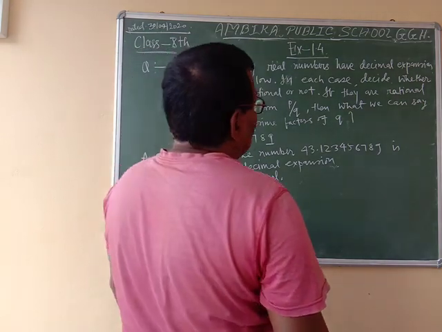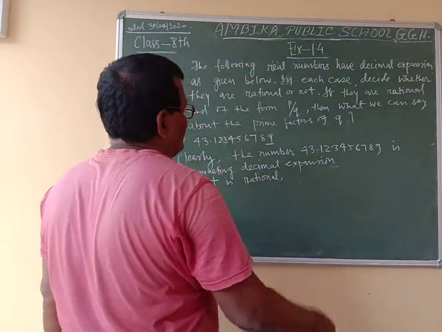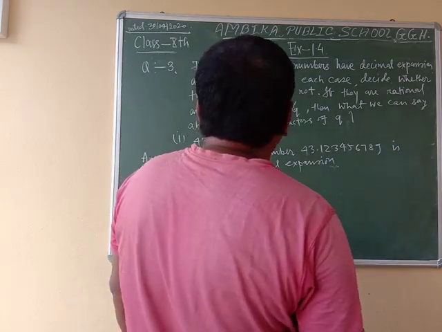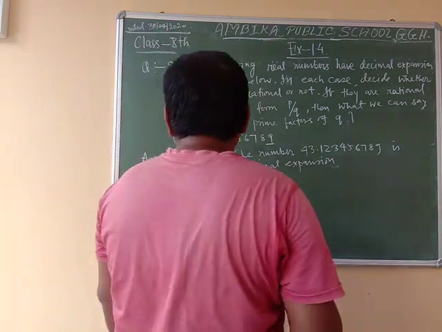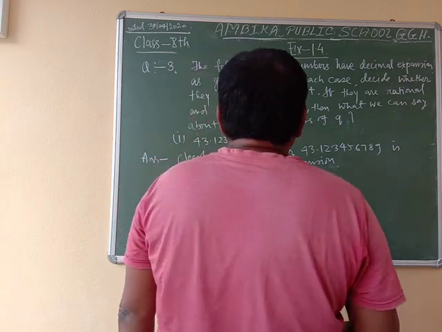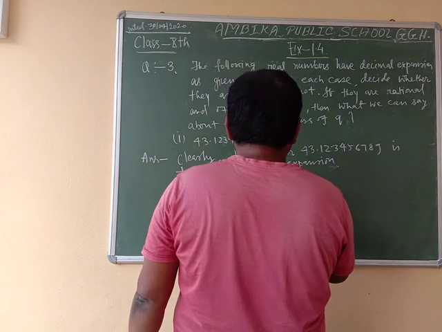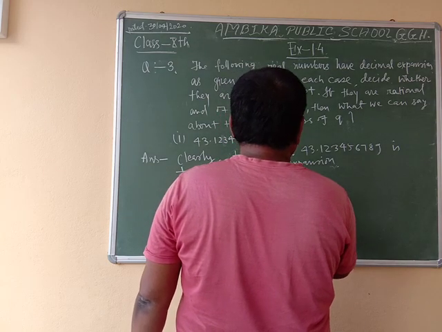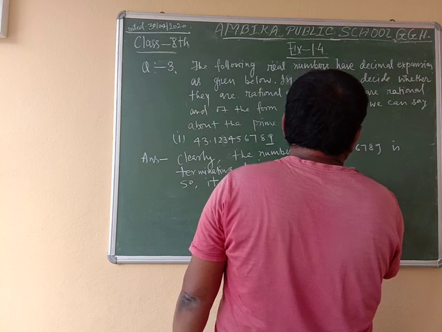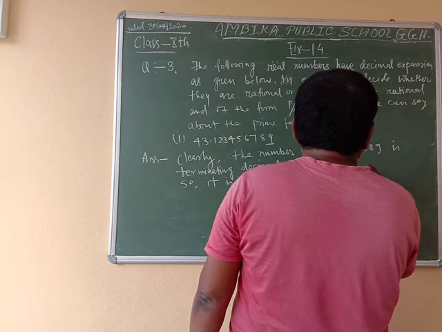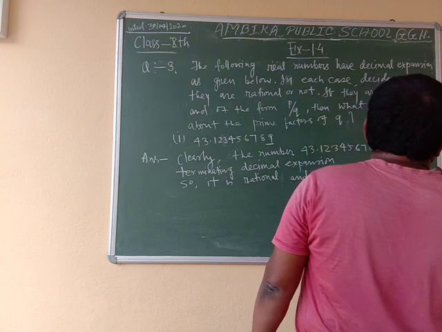Now, the second part of this question is: if they are rational and of the form p by q, then what can we say about the prime factors of q? It is rational, and so it is in the form of p by q.